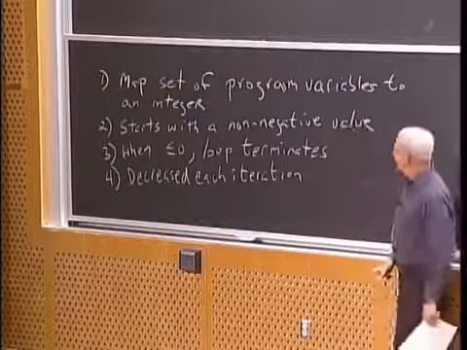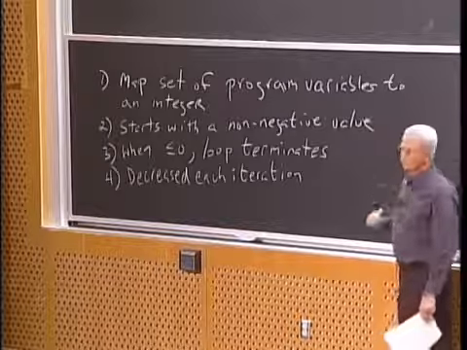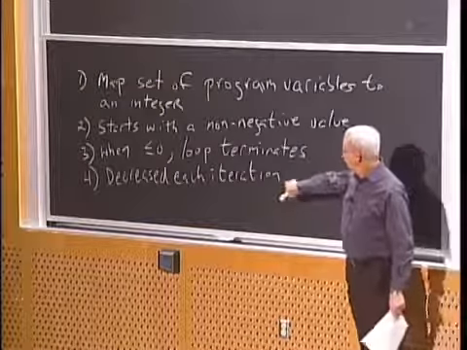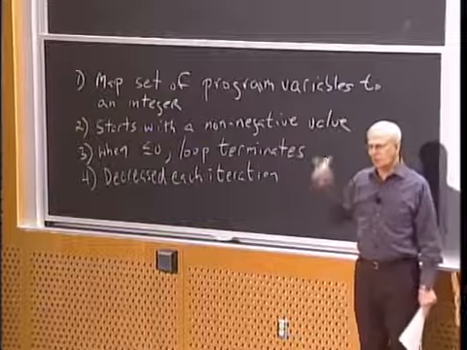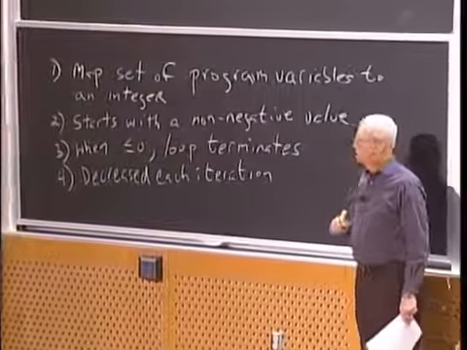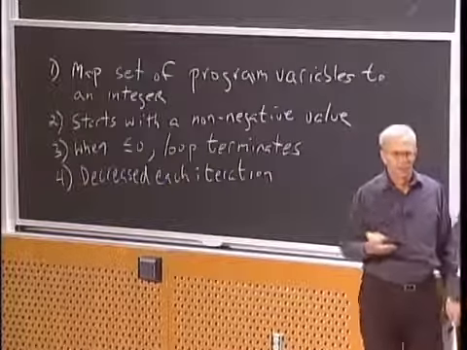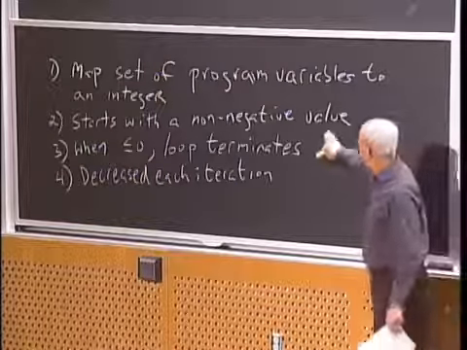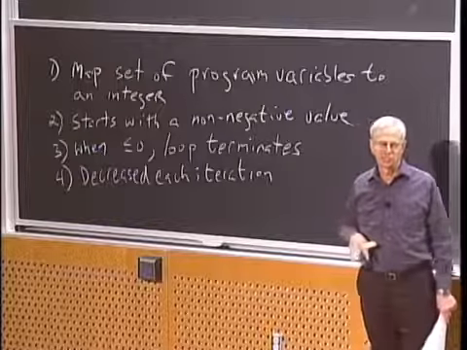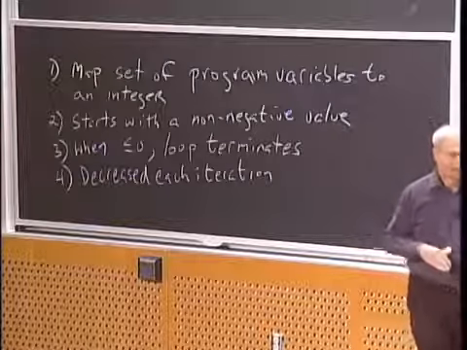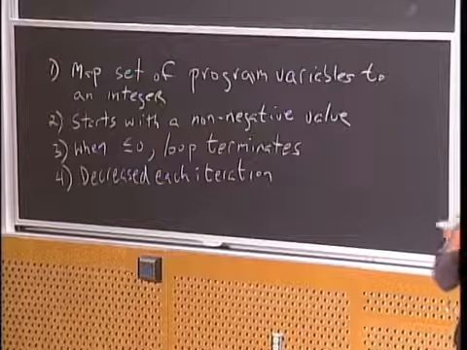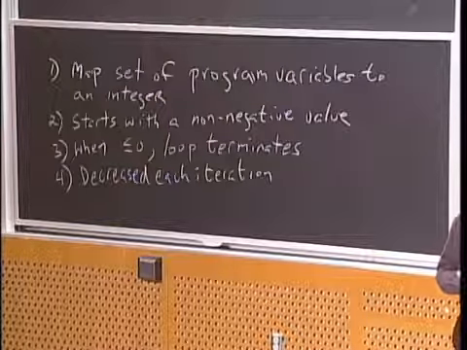So what we see is if it starts to be a positive value, or non-negative, and it's decreased every time I execute the body of the loop, that eventually it's got to reach 0, or something less than 0, and when it does, the loop stops. If such a function exists, then the loop is guaranteed to always terminate.